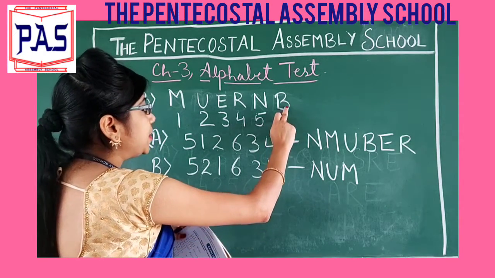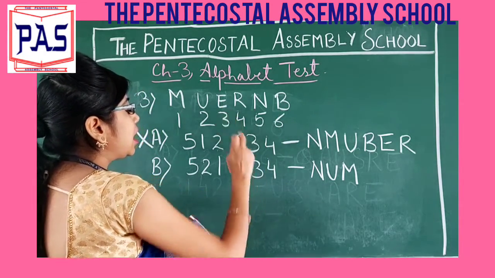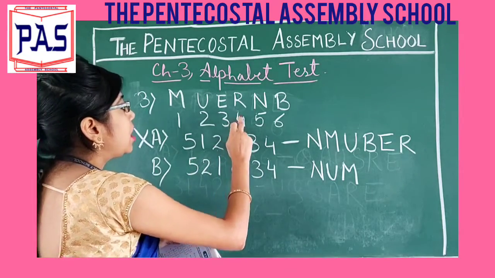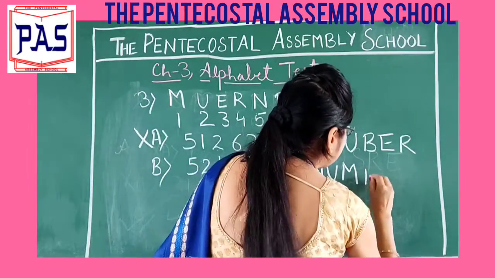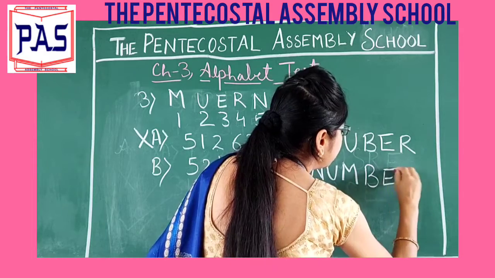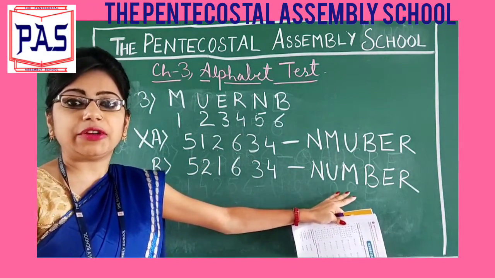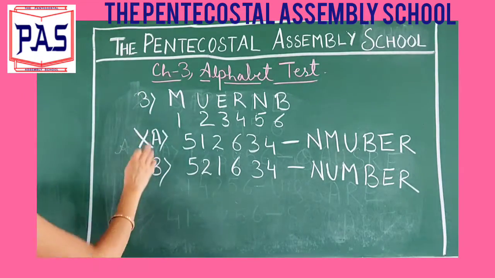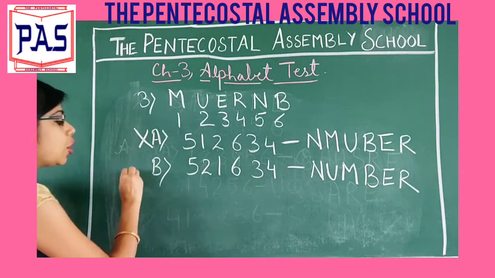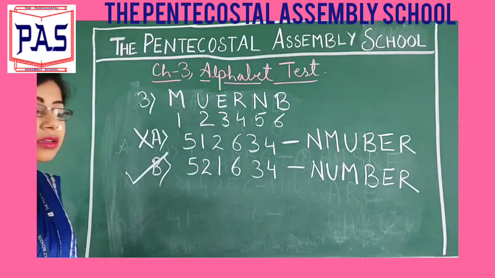So 6 is B, 3 is E and 4 is R. So the letters are B, E, R. Number is a meaningful word. So the answer for question number 3 is option B.